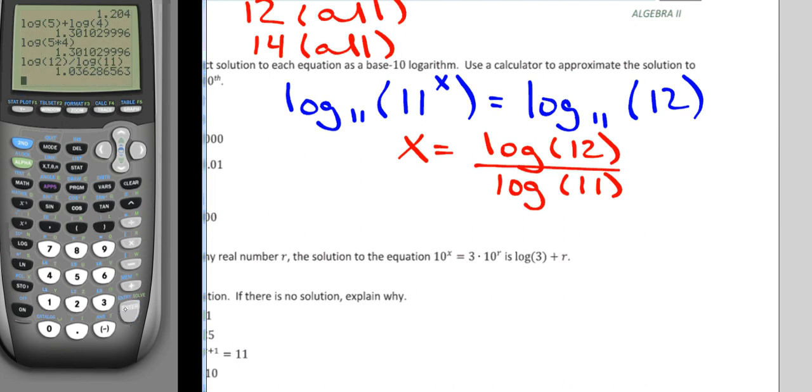And I get this number. Now, if I take 11 to this power, what should I get? I should get 12, right? Let's see if I do. 11 to the answer. Look at that.